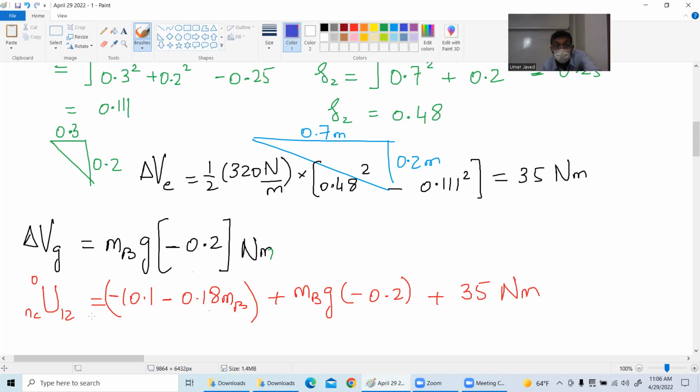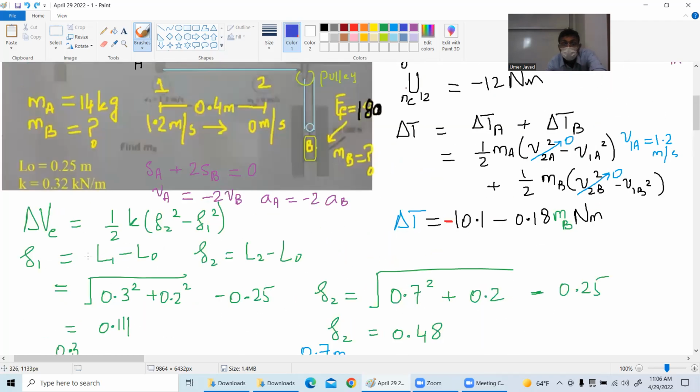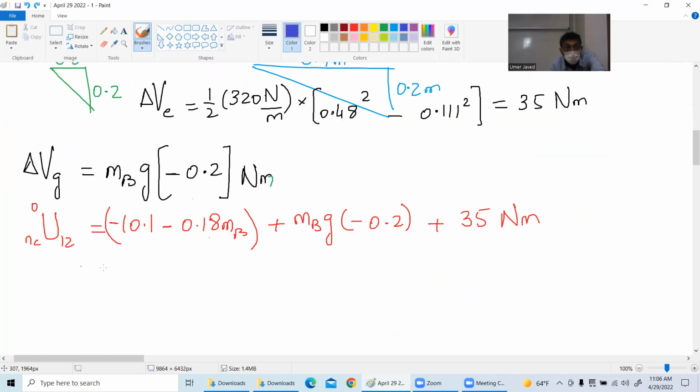From here, my MB comes out to be, now this left hand side, I will scroll up the screen. It gives me negative 12, if you remember. So I will say negative 12 Nm equal to the complete chunk.